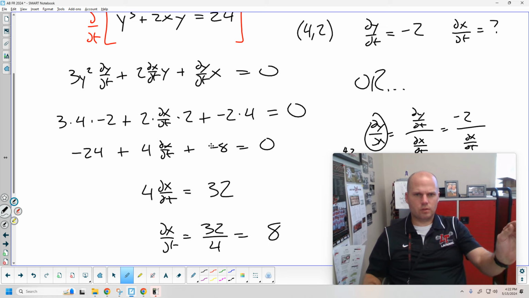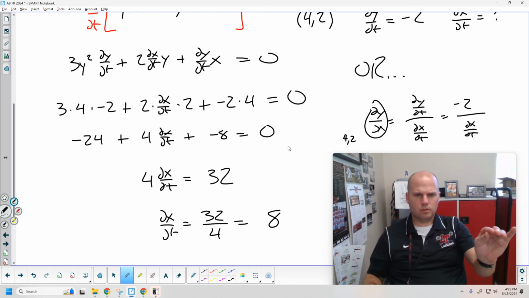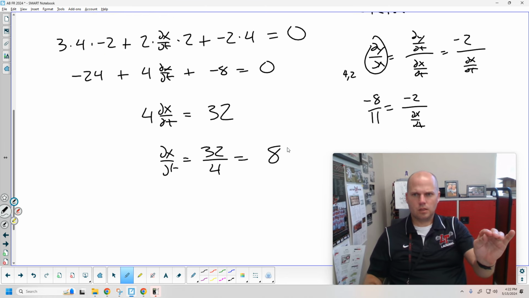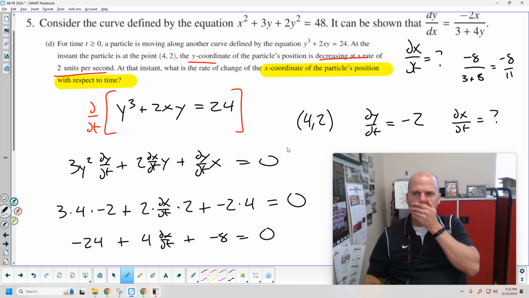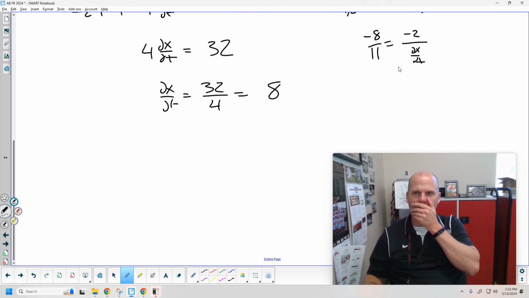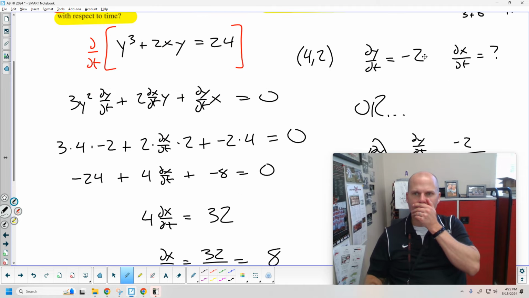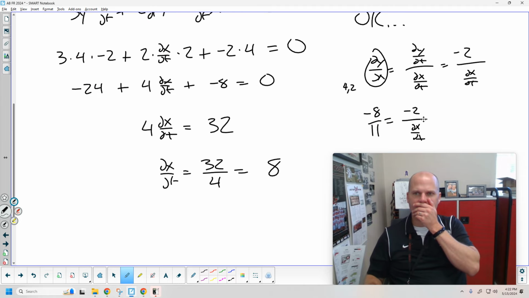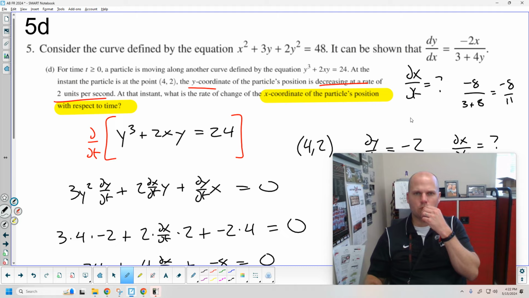Negative 32, positive 32, 8. Dy dx equals dy dt. Dy dt is negative 2 over dx dt. I mean, that's just true. 4, 2. Oh.